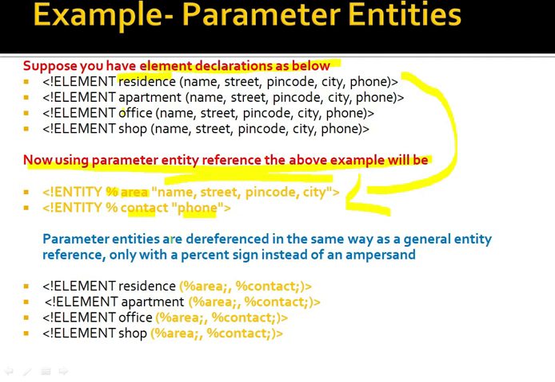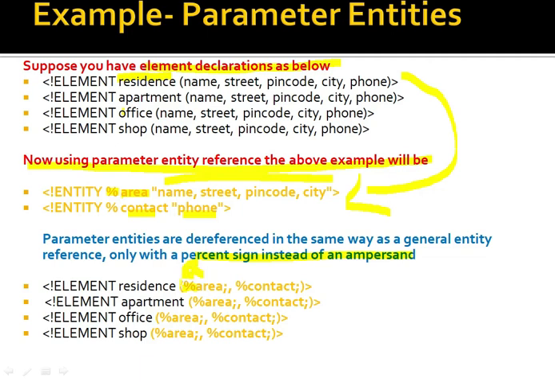Parameter entities are dereferenced in the same way as a general entity reference, only with the percentage sign instead of the ampersand symbol. If it is an ordinary entity, here you will have an ampersand symbol.